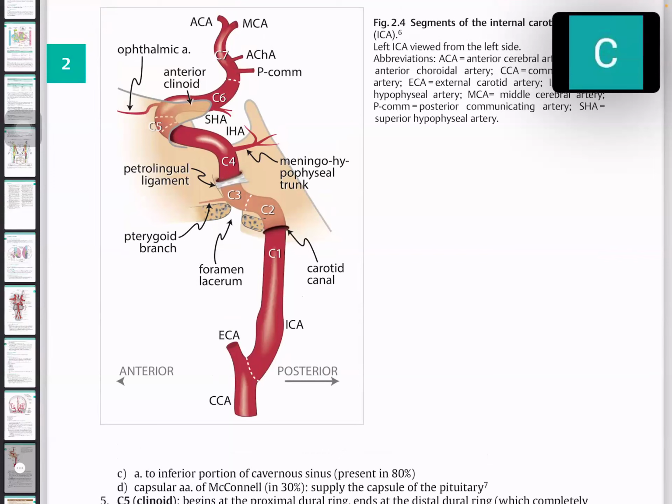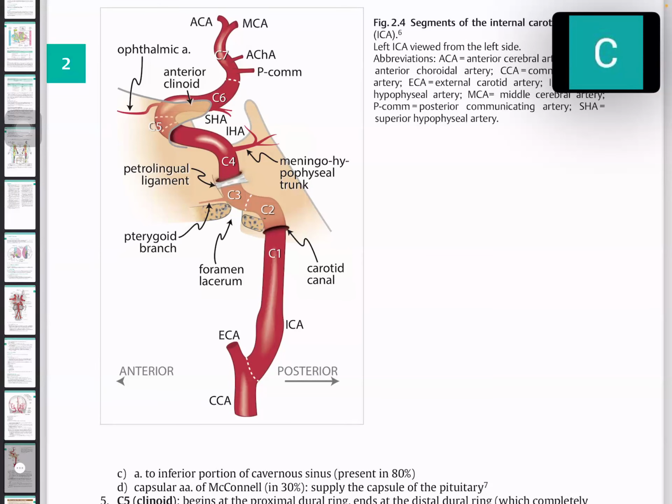So usually it is next to the vagus nerve, the internal jugular vein and the sympathetic nerves. We will use the Cincinnati classification, which is the latest classification in 1996, to divide it into 7 segments.